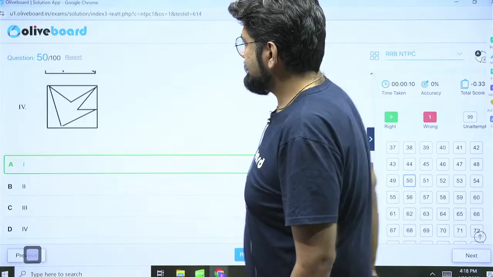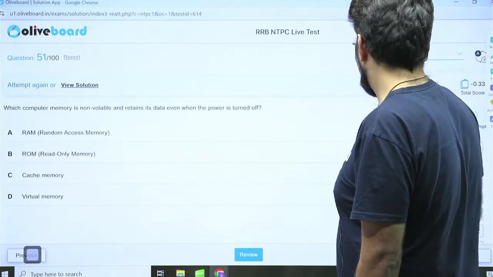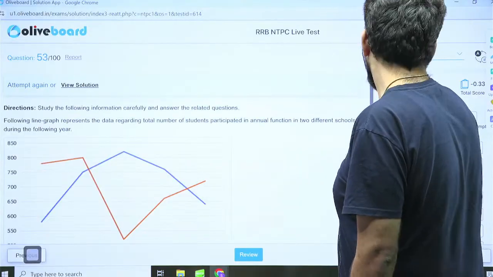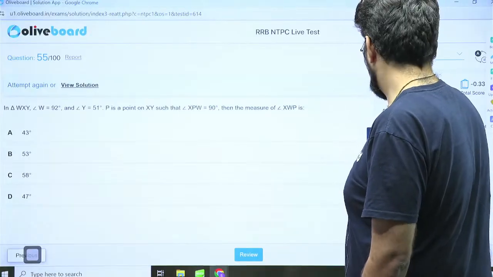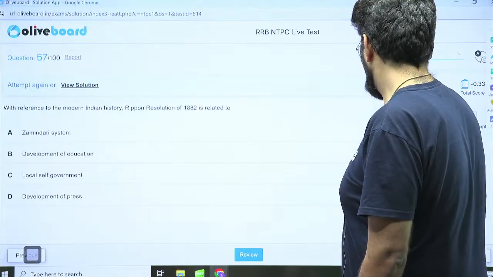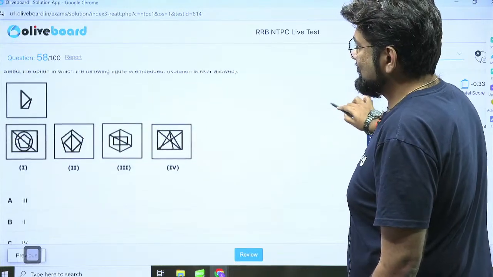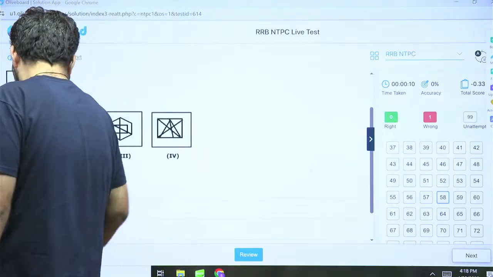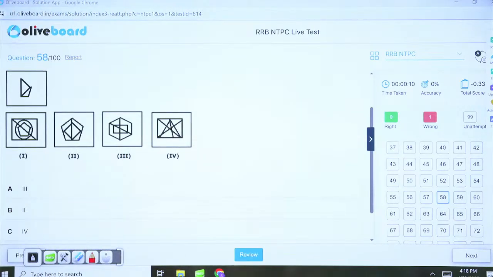Okay. 50, 51, 52. Embedded figures. Today's mock is pretty easy. Correct. Good, Ishwara Lakshmi. Try this one now.